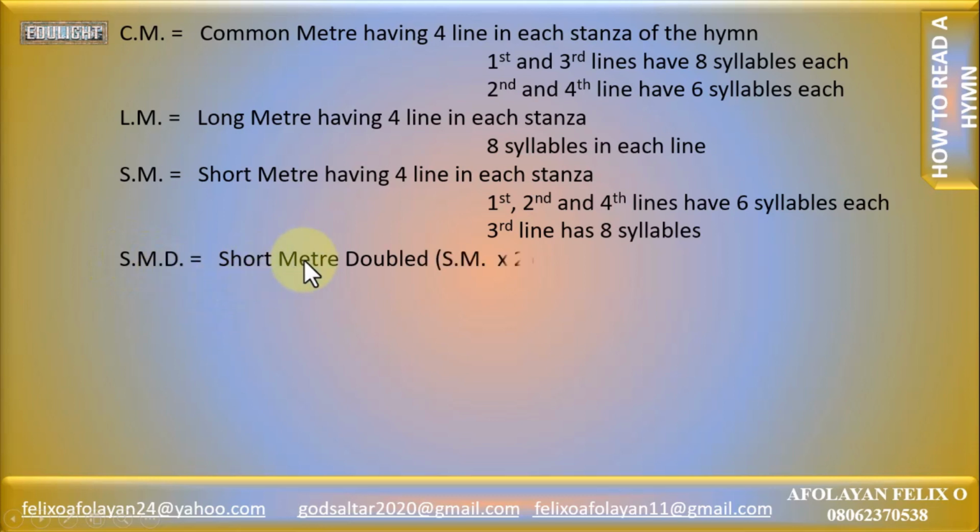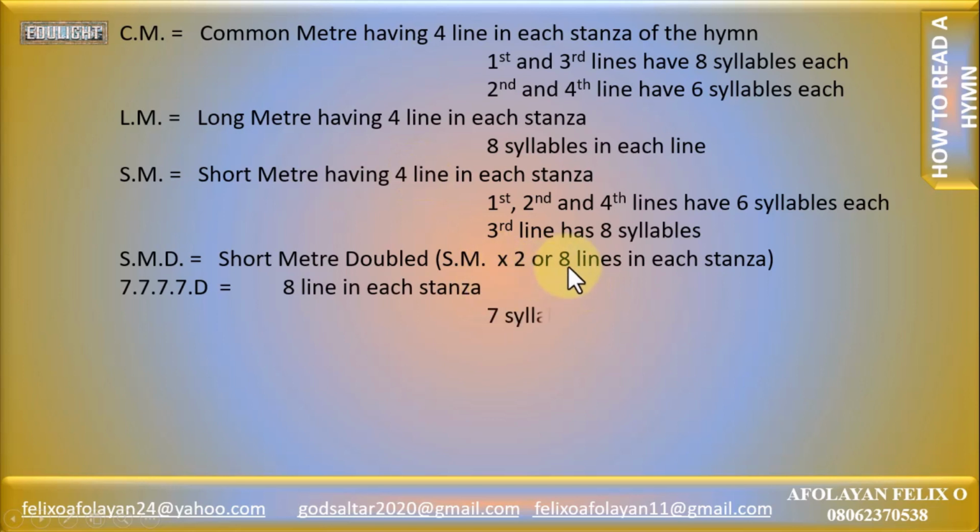SMD, short meter double. CMD, which is double, has 8 lines in each stanza. 77D has 8 lines in each stanza, 7 syllables in each line.